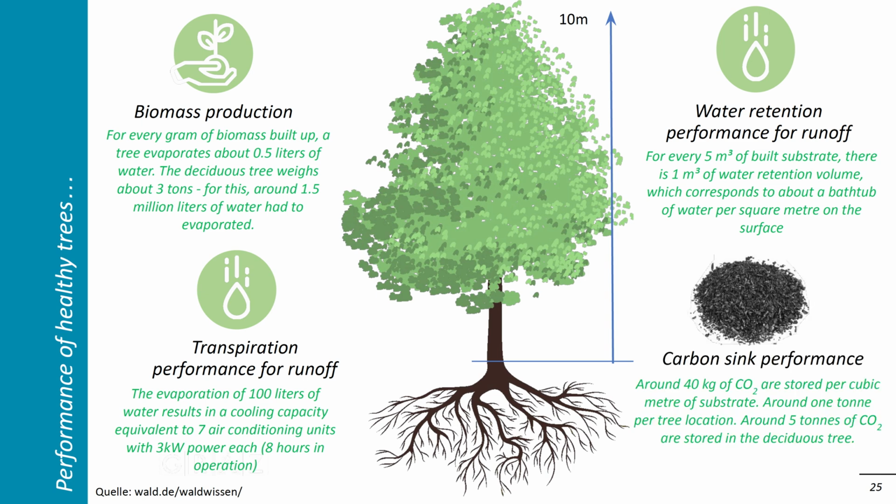And also this carbon sink performance. We have around 40 kilograms of carbon dioxide sink per cubic meter of substrate. This means when we use 20 cubic meters, around 1 ton for the tree location, and when the tree is 10 meters high, also 5 tons stored in the biomass of the tree itself.